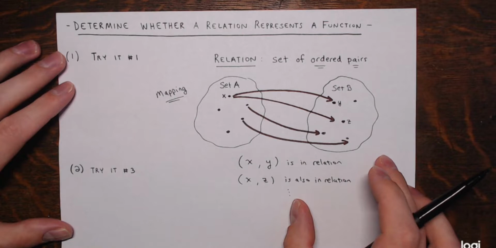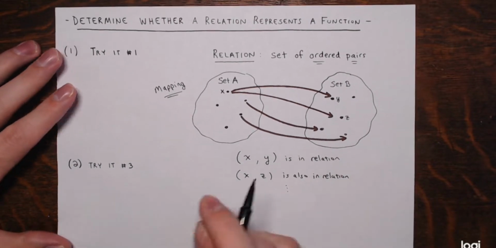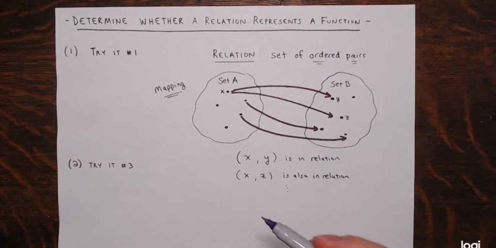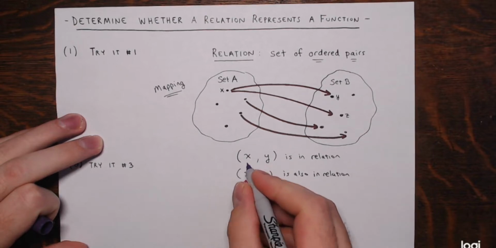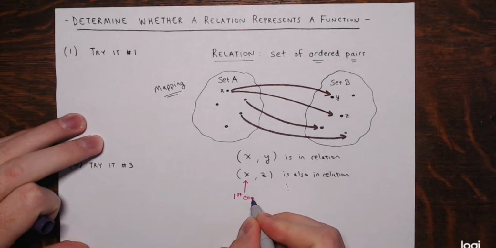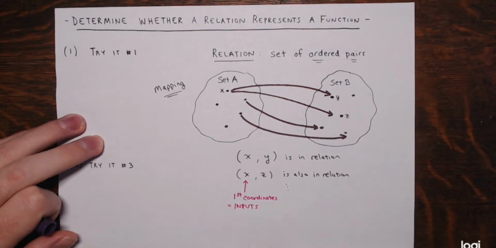All right, and these first coordinates of the ordered pairs, these x coordinates here, the first coordinates are sometimes referred to as inputs. Right, inputs.